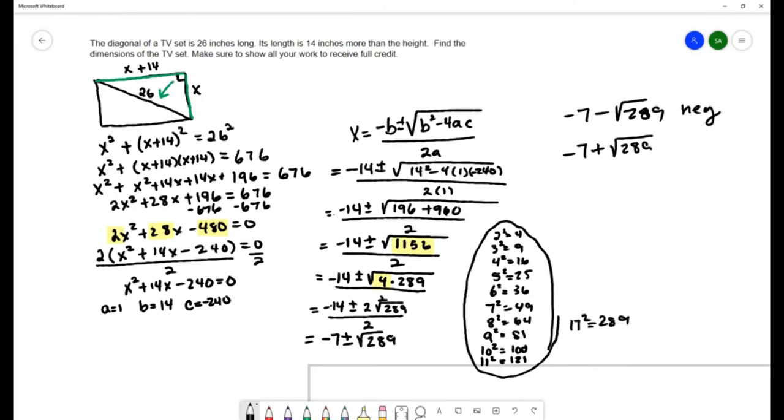Okay, so negative 7 plus 17 gives me 10. So 10 is the height of the TV, 10 inches, and the length is 14 inches more.